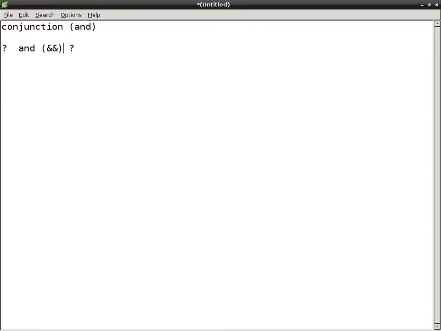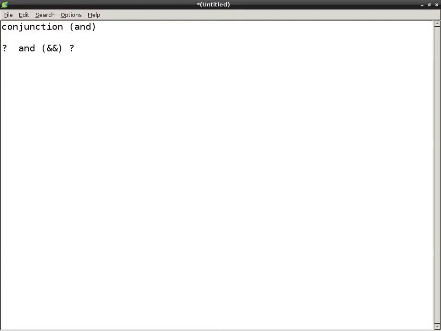Now in C and C++, it's kind of misleading because you can have anything on either side. You can even have a pointer on one side. But when it is interpreted, it's either 0 or non-zero. A 0 is the same as false, and a non-zero is the same as true. Exactly. Okay.